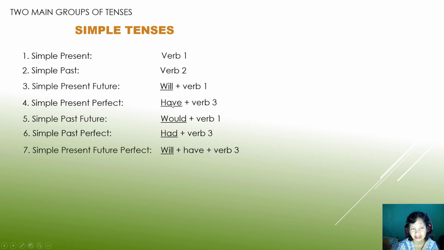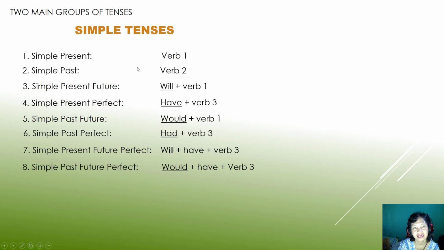This is already verb 1. So will have verb 3. If we have simple present future perfect, surely we have simple past future perfect. So we just change will into would. So these are the 8 simple tenses.